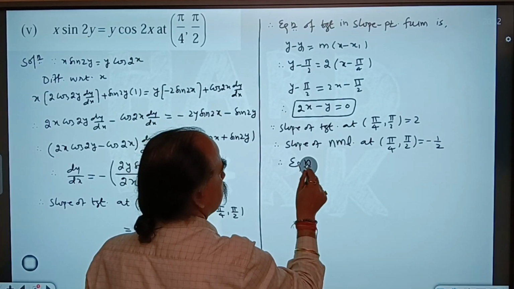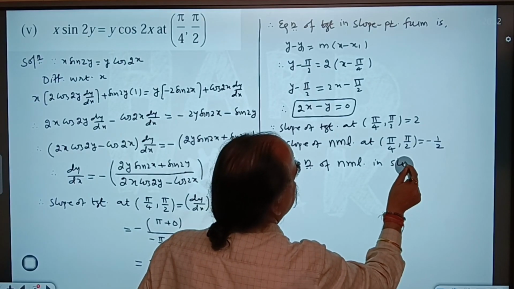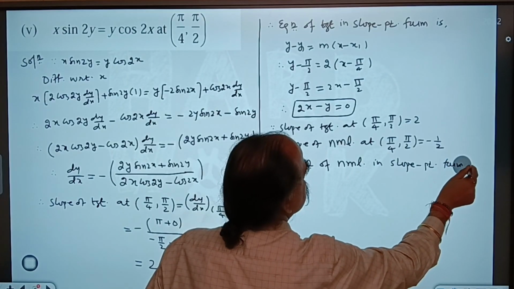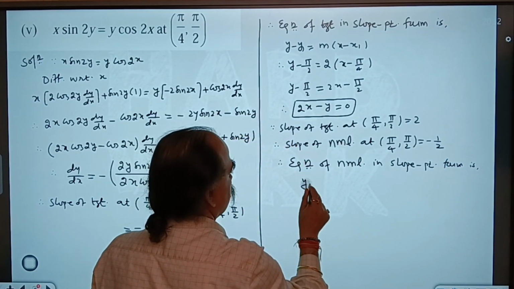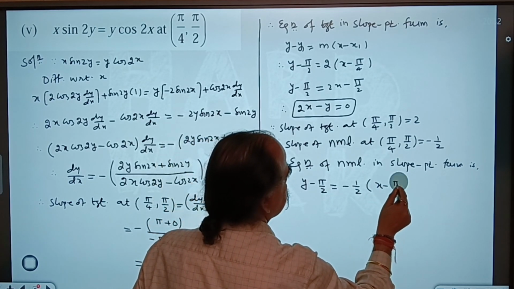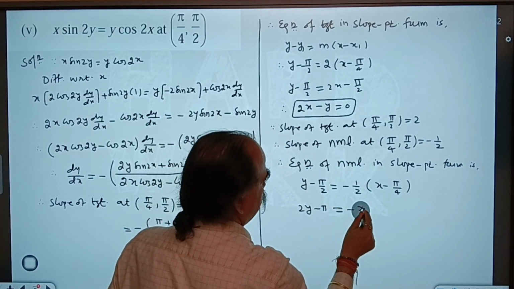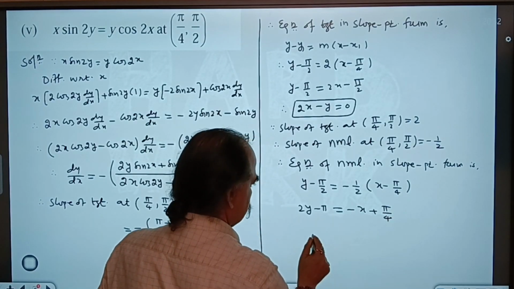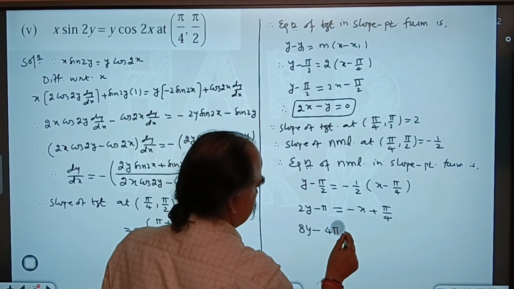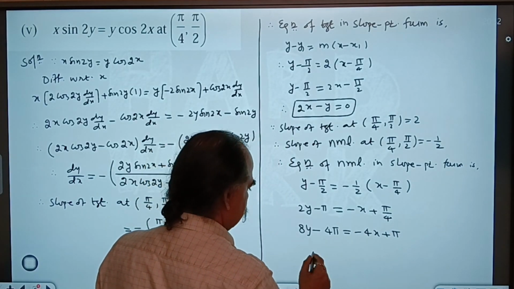Therefore, equation of normal in slope point form is y minus y1 is equal to m into x minus x1. 2 you multiply, so 2y minus pi is equal to minus x plus pi by 4. 4 you multiply, 8y minus 4pi is equal to minus 4x plus pi. So 4x plus 8y is equal to 5pi.